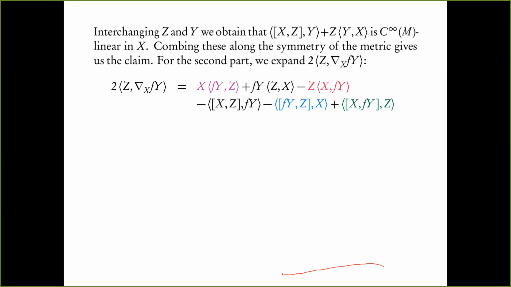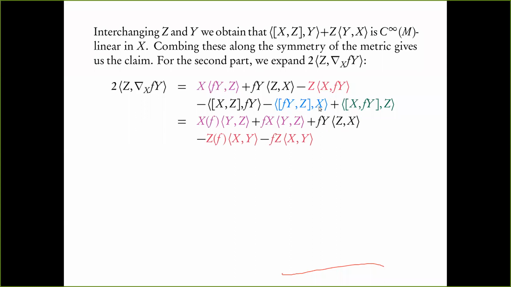So this is the usual Koszul formula. We haven't done anything, but now let's expand. For the purple one, if you expand, you get x of f times inner product yz plus f times x of inner product yz. So this is the function f times the directional derivative of the inner product yz along the direction of the vector field x. So this is just the Leibniz rule. Similarly, the black term is already there because its f is already outside, so that's fine. What about the red term? The red term is going to be similar, right?